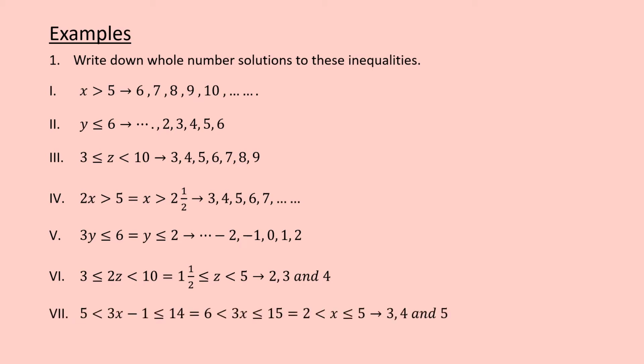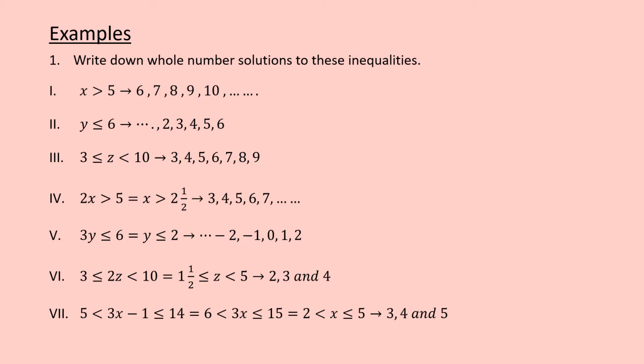Last one. Adding 1 throughout, we obtain the given inequality. 3x minus 1 plus 1, the minus 1 and plus 1 cancel out, so remaining only 3x.